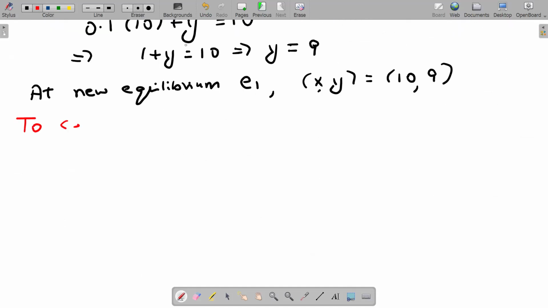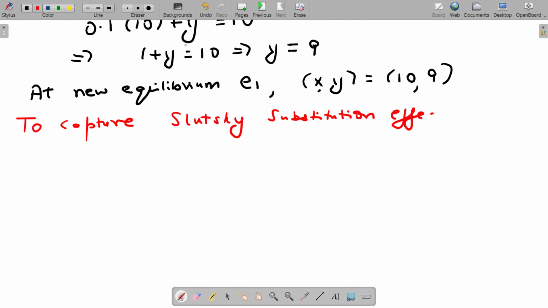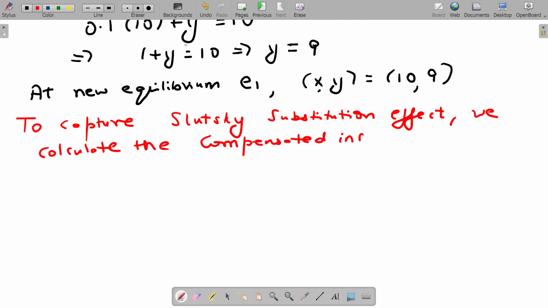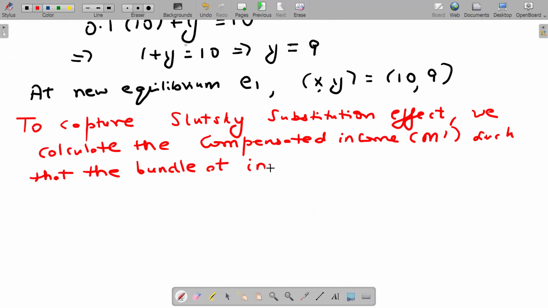To capture the substitution effect, we calculate the compensated income M dash such that the bundle at the initial equilibrium, E0, is still affordable.